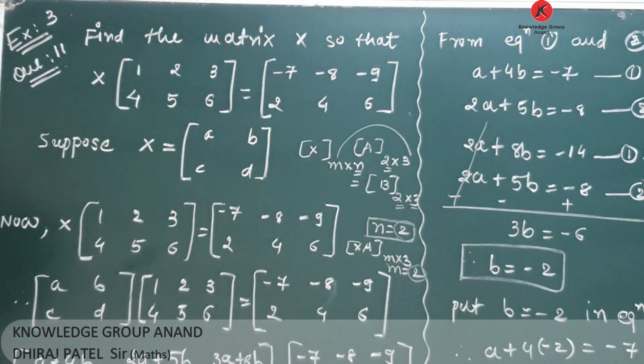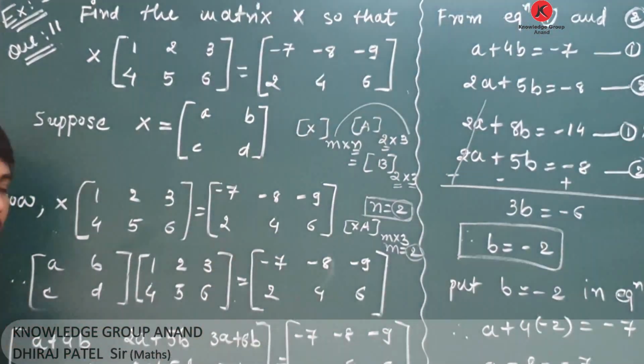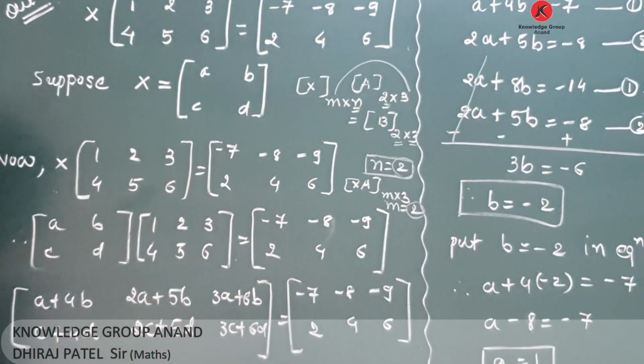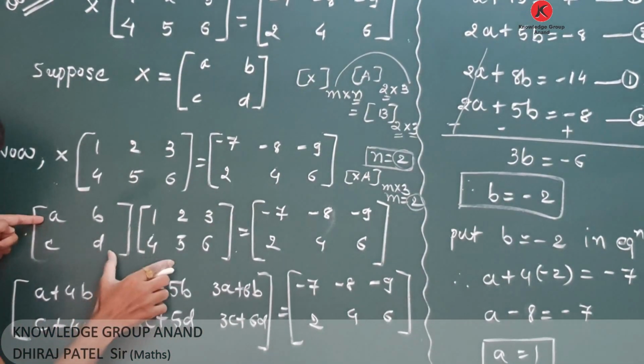And we have to calculate these 4 variables by using the multiplication or equality of matrices property. First of all, consider X into this one. Put the value of matrix X, [a, b; c, d], into [1, 2, 3; 4, 5, 6] equals [-7, -8, -9; 2, 4, 6]. This is simple. Now multiply these two matrices.